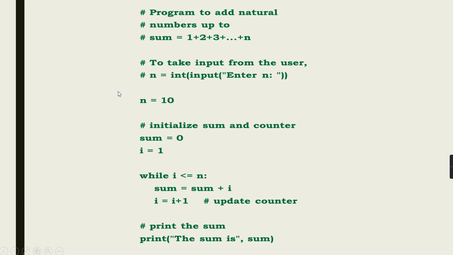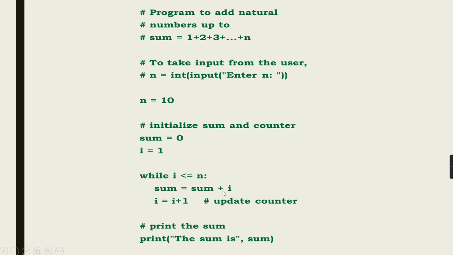Since n is initialized as 10, it will calculate the sum of the first 10 natural numbers. Initialize sum and counter. So i is behaving like a counter, i is equal to 1, and initially the sum is equal to 0. While i is less than or equal to n, while this 1 is less than or equal to 10, the loop will continue.